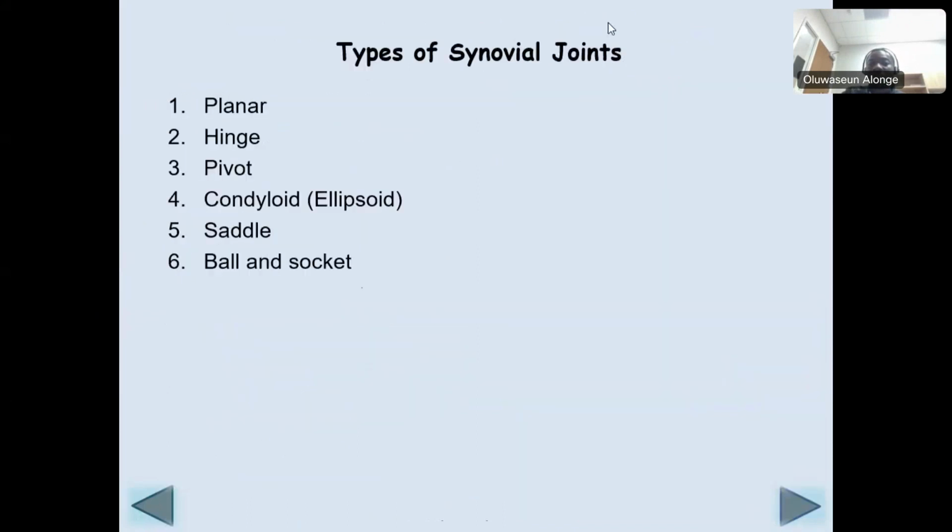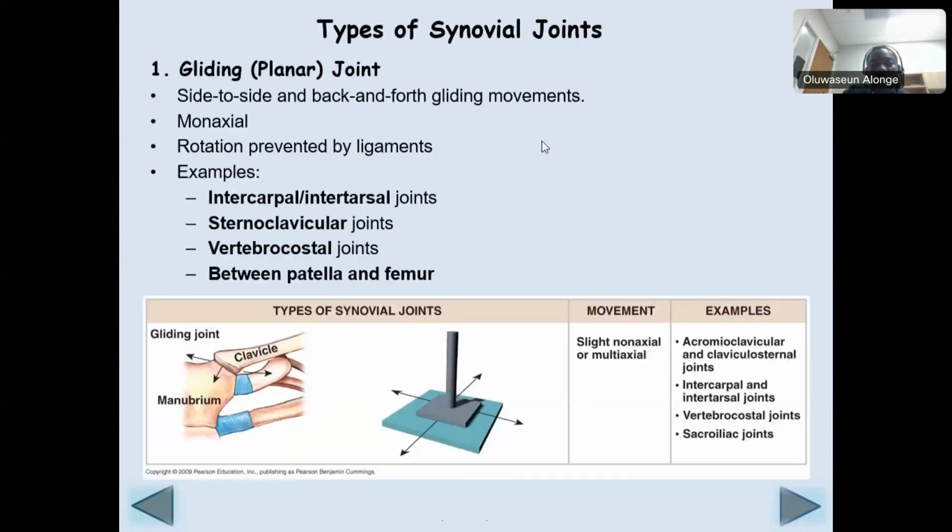Now, let's look at this point. We are going to look at the types of synovial joints. We're going to look at the planar, the hinge, the pivot. I'll look at that real quick. All right. So the planar joint predominantly is a kind of joint that moves side to side and back and forth.